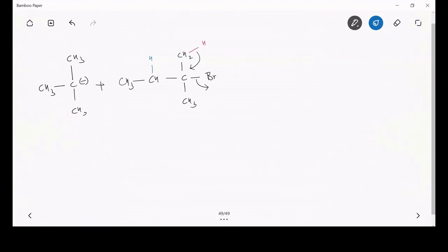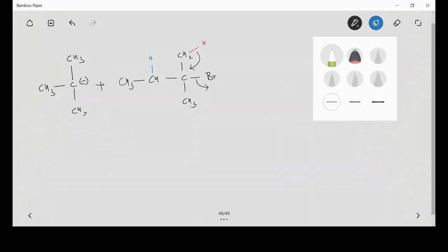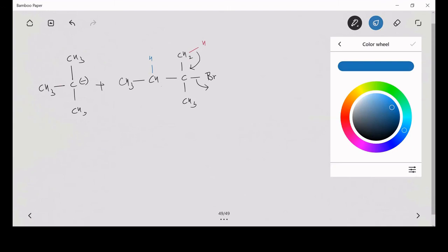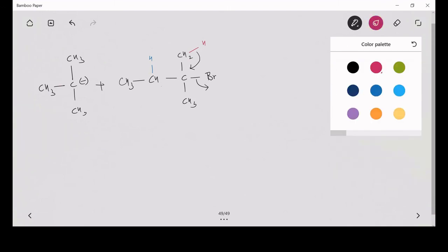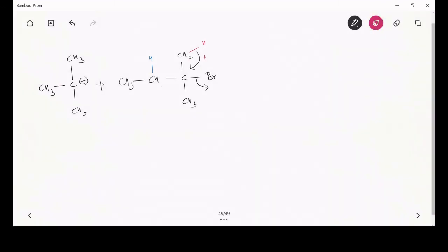Now, as we know that path A, this is the path A, will give you the product which is CH3, CH2, C, CH2, CH3. Okay.